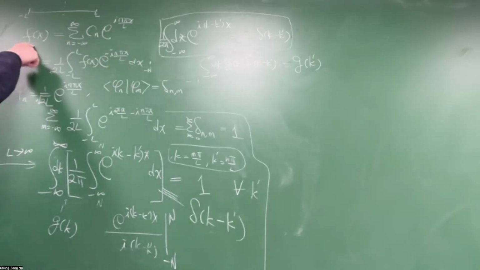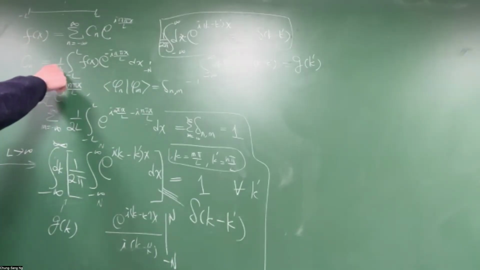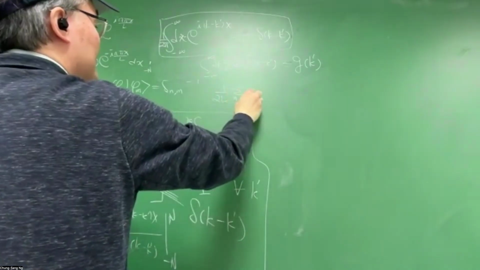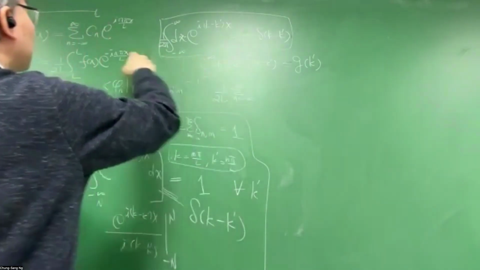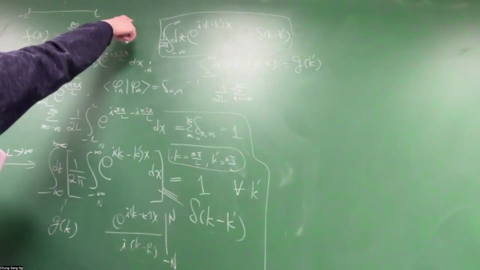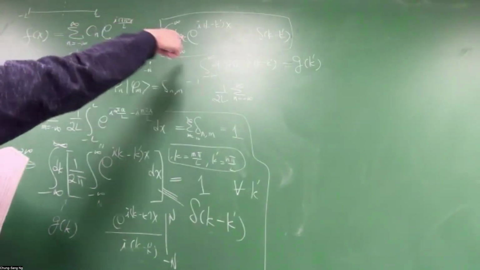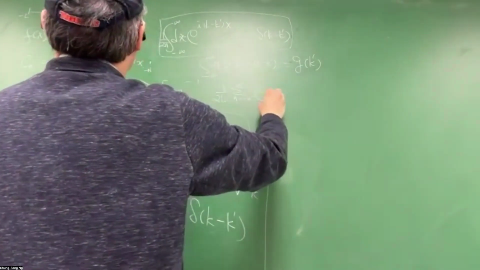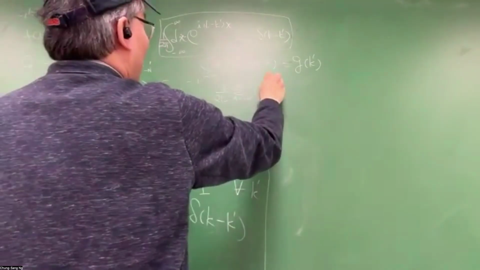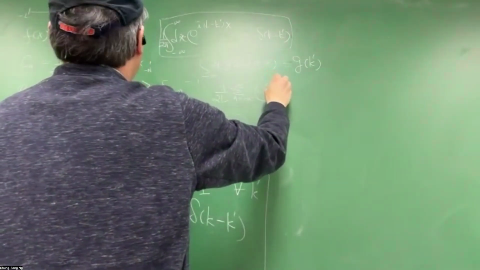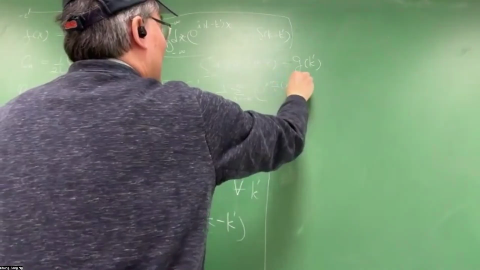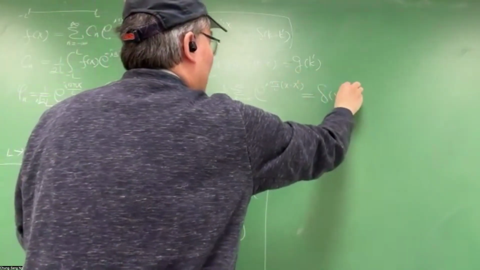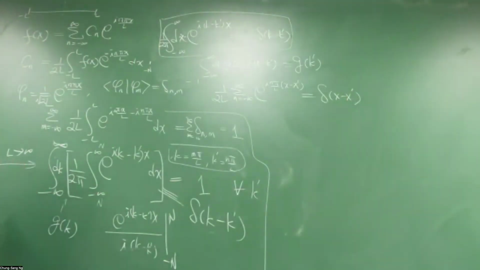In order to cover that same function, we require that the sum over n, when you put in x prime instead of x, of e to the i n pi (x minus x prime) over L, must be the delta function.